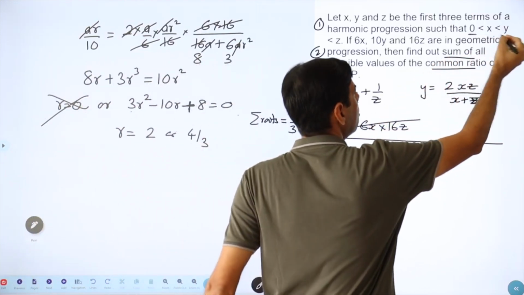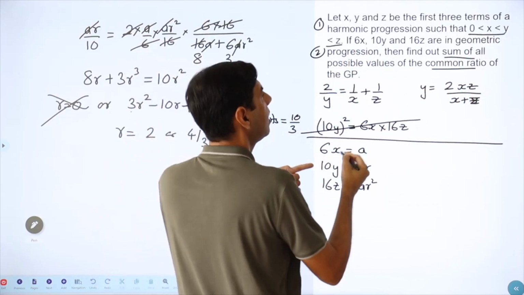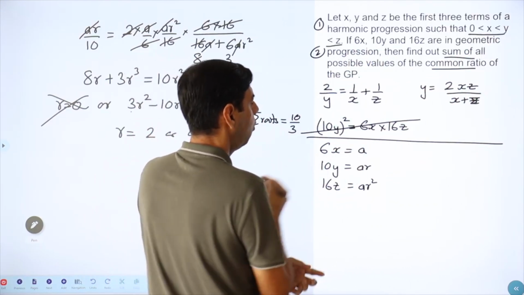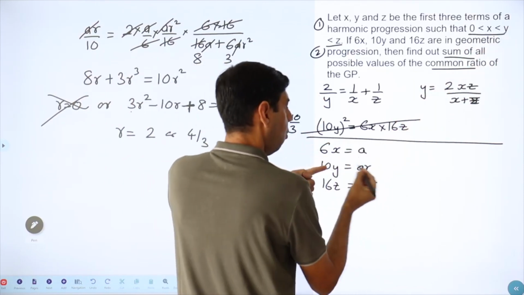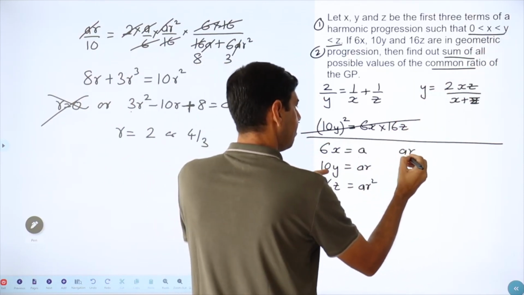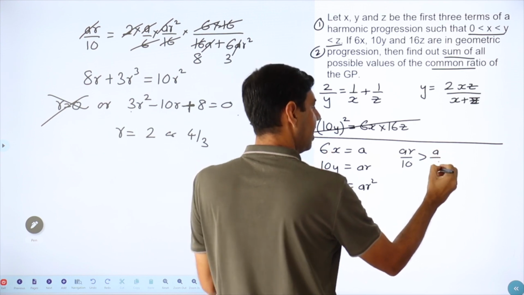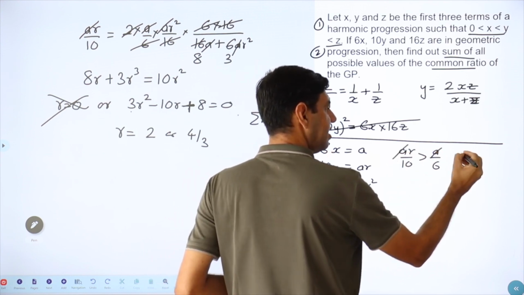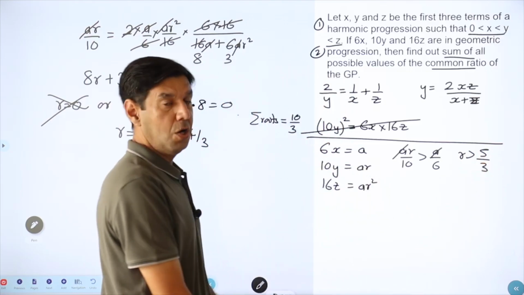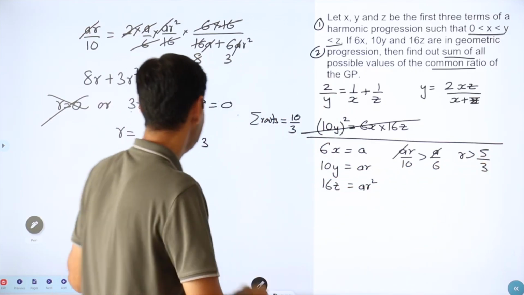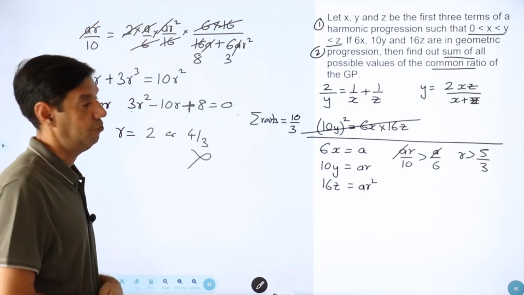This relation is not just saying that it's an increasing order or so on. So if I want y to be more than x, AR by 10 is more than x, A by 6. A can be cancelled. This tells me r is more than 5 by 3. So if r is more than 5 by 3, this gets eliminated. R cannot be 4 by 3.